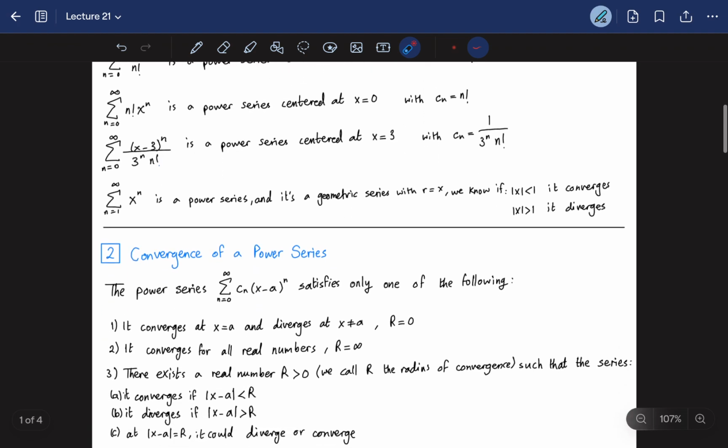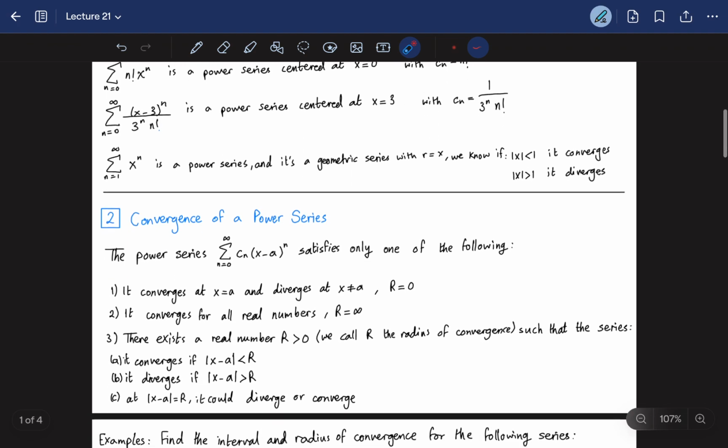So to test whether a power series is convergent or divergent, we have 3 cases. We can either have our power series be convergent at x equals a, divergent everywhere else. So converge at x equals a, diverge at anything that's not equal to a. Now here, this r is called the radius of convergence.